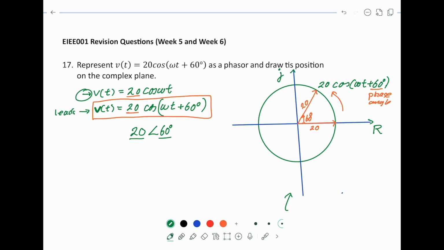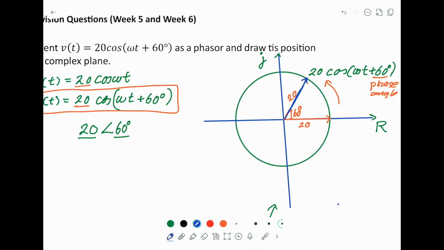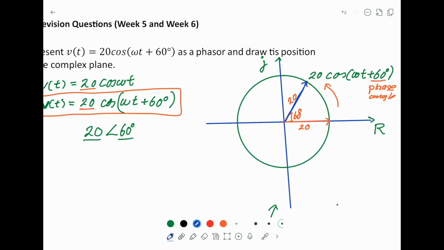So now our problem becomes how to represent this as a complex number. There are two forms to write it. We can write it in rectangular form, which means we project this along here and along here.